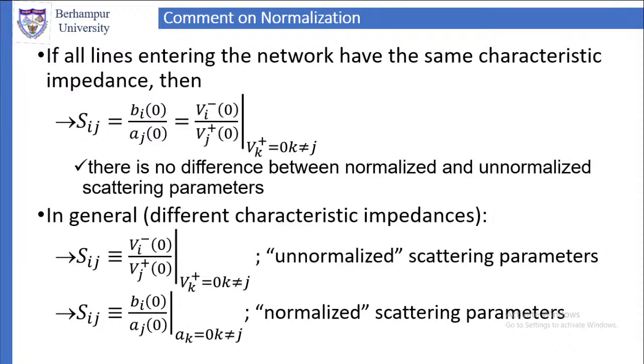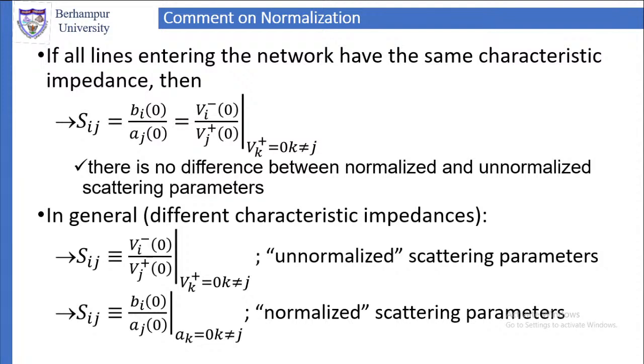Now, why do we normalize? Some comments on the normalization. If all lines entering the network have the same characteristic impedance, then Sij is equal to Bi by Aj, that is equal to Vi minus by Vj plus. Because of normalization, the root over Zi in the numerator and denominator will cancel out.